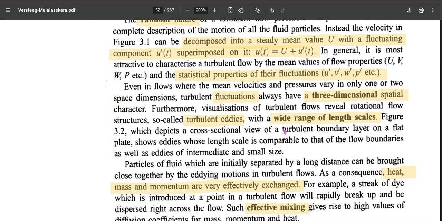The mean flow does not vary much, but it can have some two-dimensional variations. But the fluctuation is always three-dimensional in spatial terms.